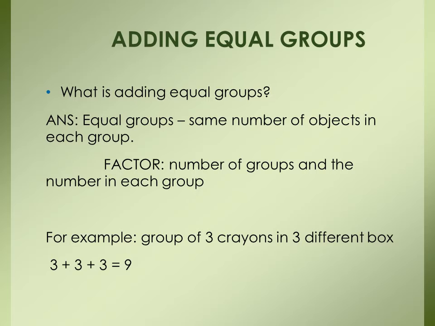Because all the 3 crayons are in different boxes, and we want to add all the boxes together. So we will be adding the equal groups. Here I have taken the example of crayons, which is 3 plus 3 plus 3, and which comes out as 9.